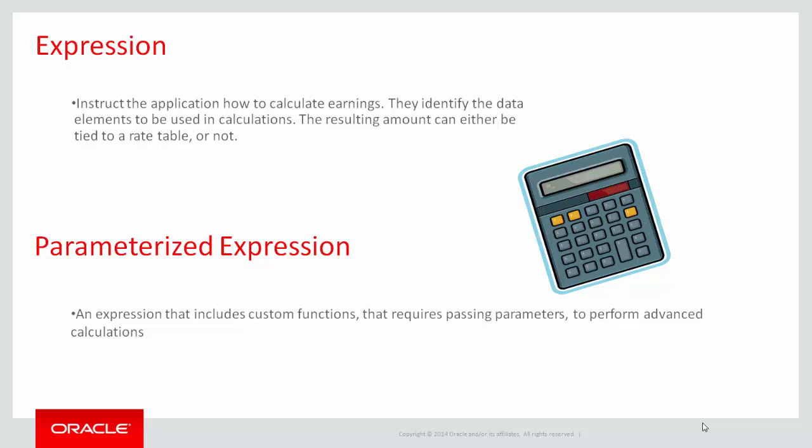So when the Oracle product management team started identifying these commonalities, that's how they came up with this concept of parameterized expressions. A parameterized expression is an expression that includes custom functions. But instead of hard coding those variables within the functions, because so many customers are trying to do similar things, product management designed an infrastructure where the customers can pass parameters or pass variables to perform these advanced calculations.